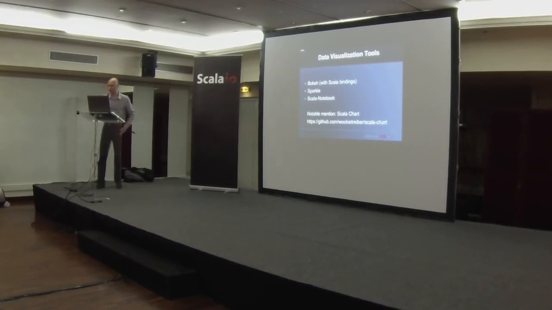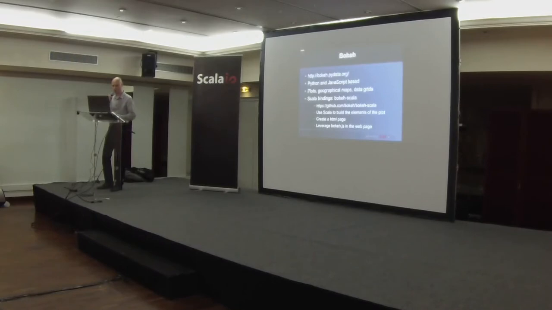The next tool is Sparkle, which is used for big data or for streaming data. And the last one is the Scala Notebook. Now there are other Scala tools that can be used for visualization, but not everyone made the cut. So okay, let's get started with Bokeh.